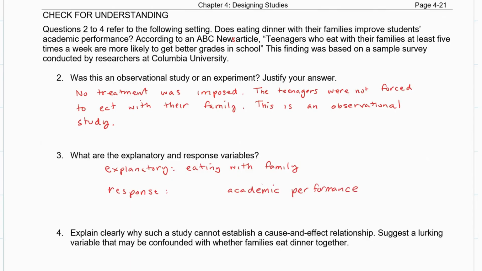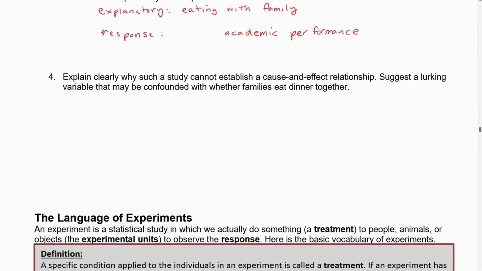Explain clearly why a study cannot establish a cause and effect relationship. Suggest a lurking variable that may be confounding with whether families eat together or not. Well, let me lay out this scenario.